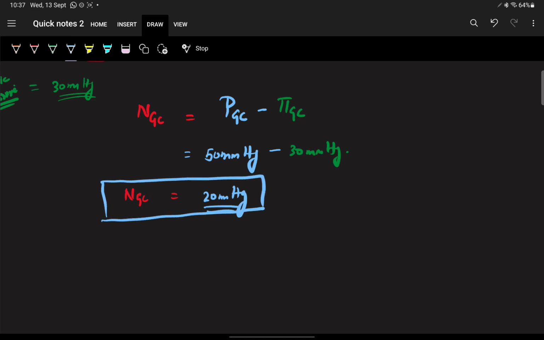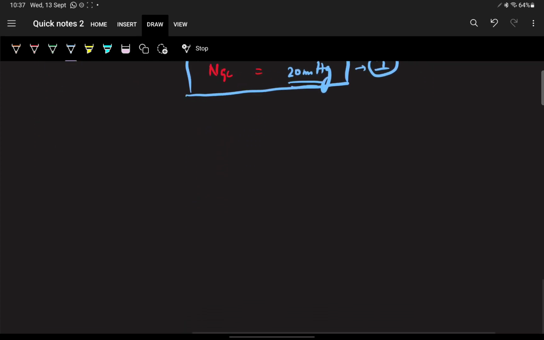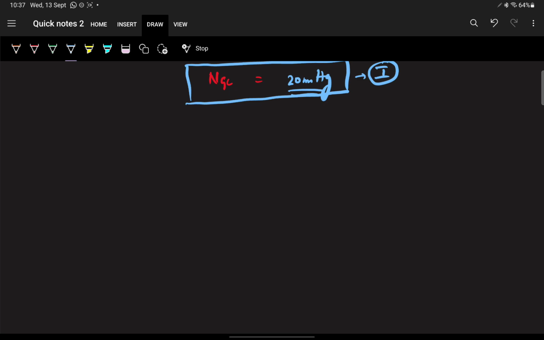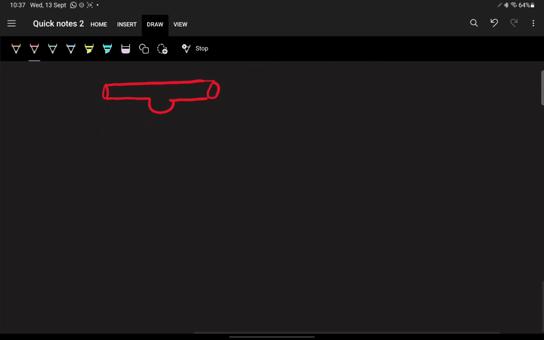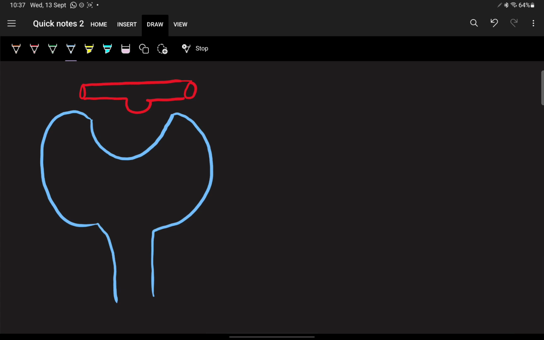So this is equation number 1. Now if there is hydrostatic and oncotic pressure in the glomerular capillaries, obviously there should be oncotic and hydrostatic pressure in the Bowman's capsule also, right? So this is the afferent and efferent arteriole. There is hydrostatic and oncotic pressure in the Bowman's capsule also.